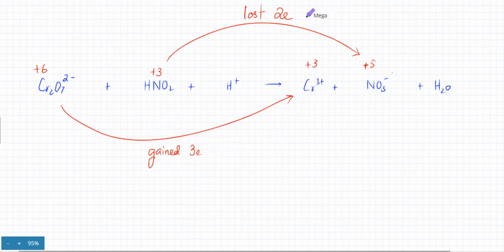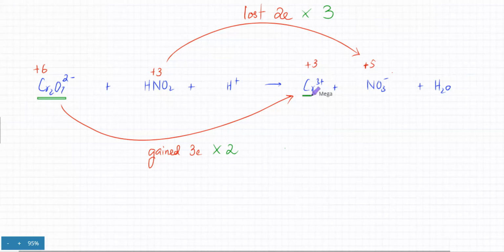What do I multiply this with? By 3, and this by 2, right? So there should be 2 Crs, and there are 2 Crs over here already.